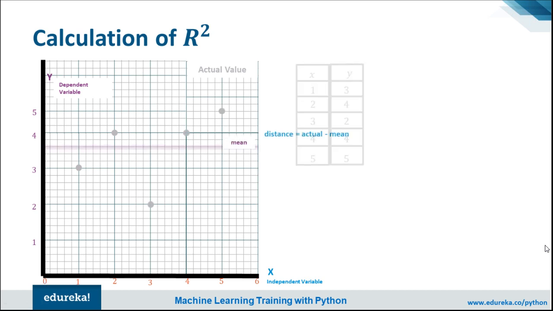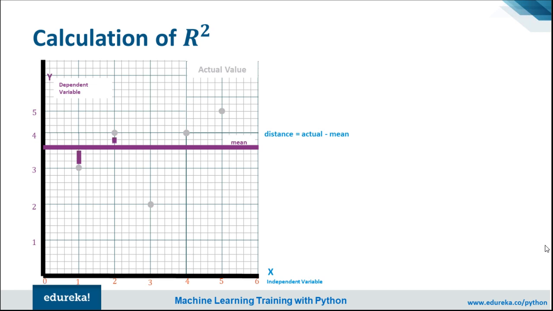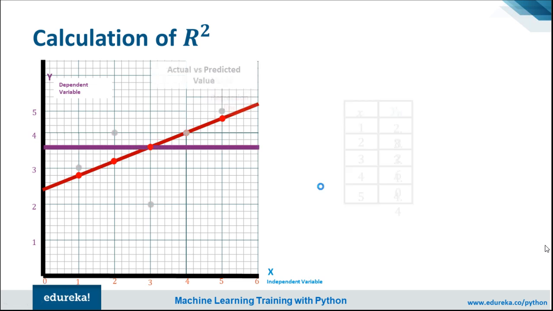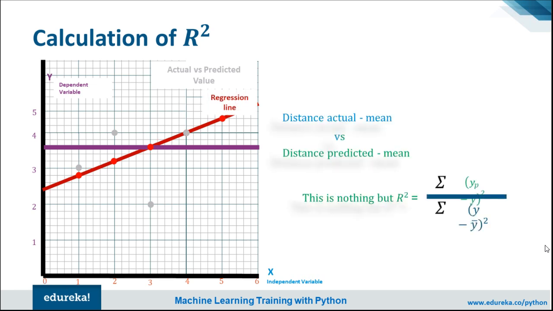First of all, we calculate the distances, that is actual minus mean. We take all of these data points, these are the predicted values yp, and then we have the actual values also for them. So how do we calculate it? You take the actual distance, subtract the mean from it, and compare it with the predicted distance minus the mean.